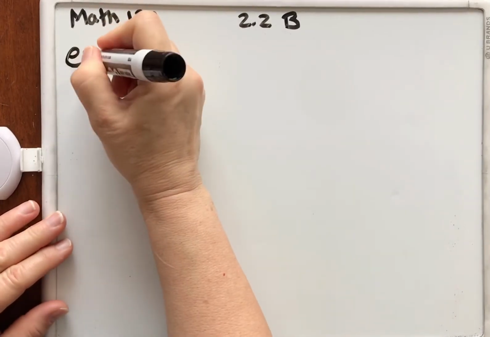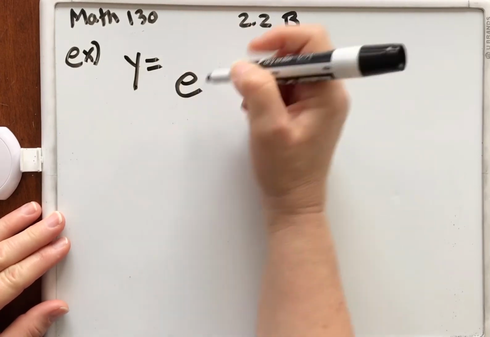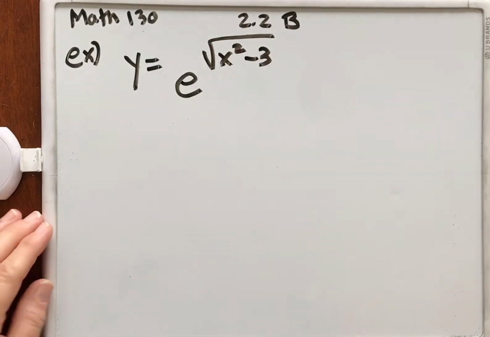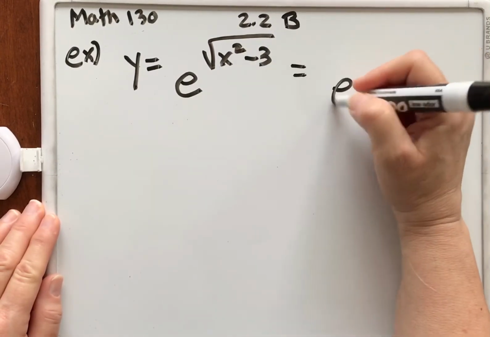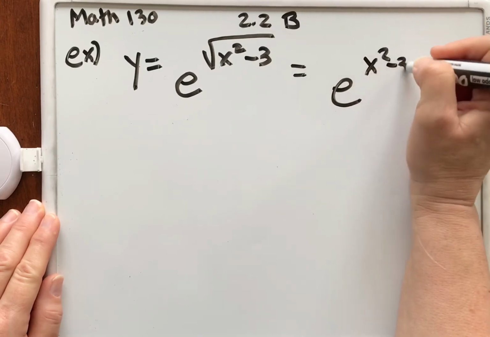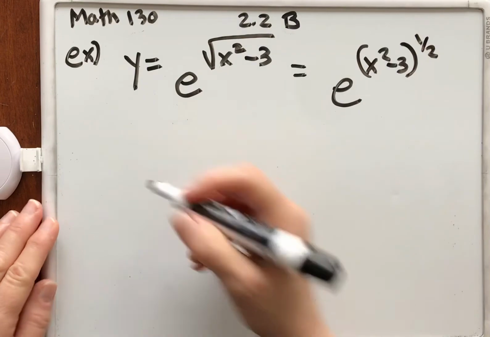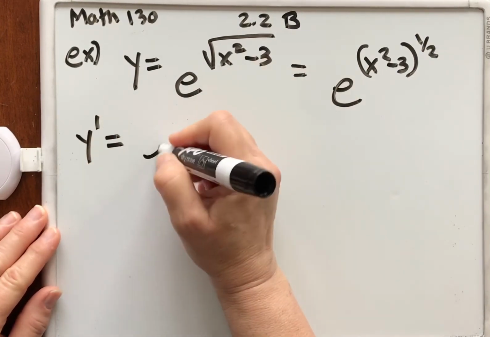Not an issue. Okay, so we have y equals e to the square root of x squared minus 3. Okay, and just like before, we're going to change that to x squared minus 3 to the 1/2, so it's easier to work with. Okay, so y prime. Right away, we keep this the same.